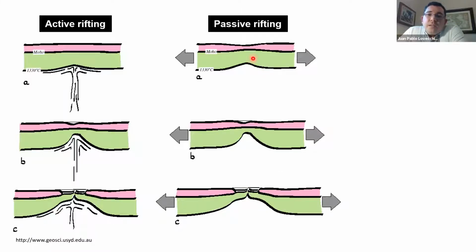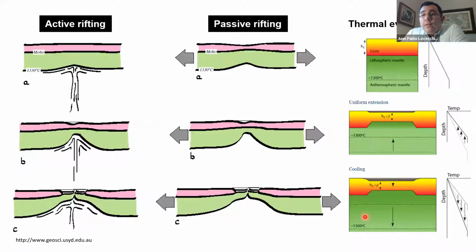The difference is that in active rifting there's a thermal anomaly that's pushing up, and the asthenosphere is actively going up, while in passive rifting it's passively moving up, produced by the extension that's occurring due to far field stresses that are, in most cases, related to subduction. Subduction produces horizontal stresses that can be either compression or extension.